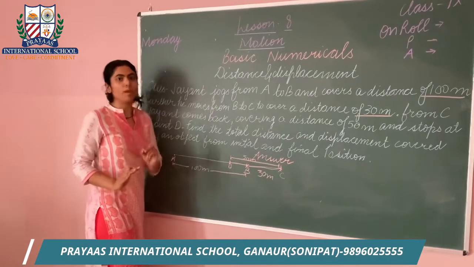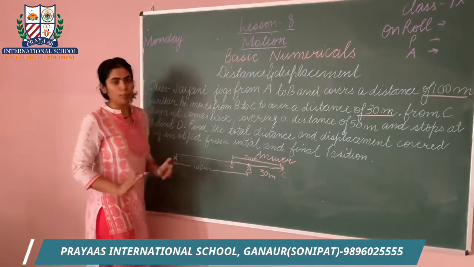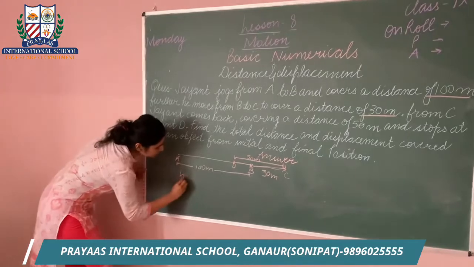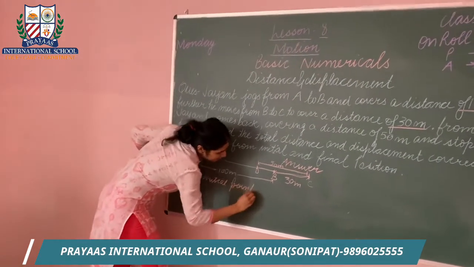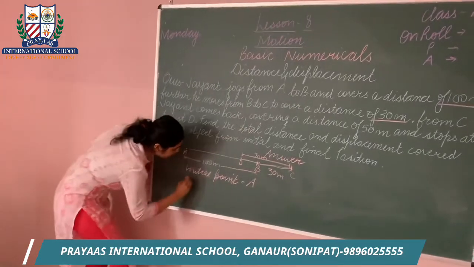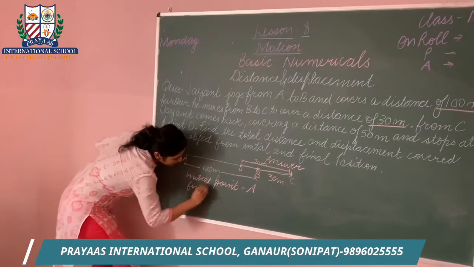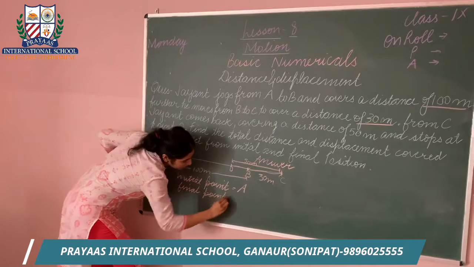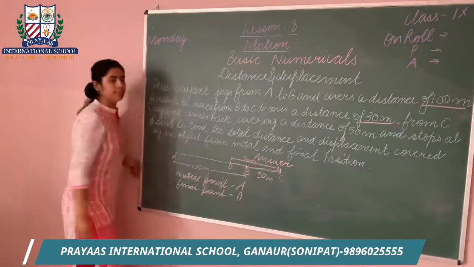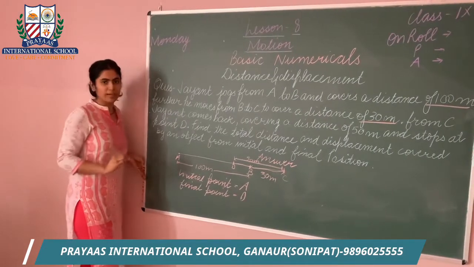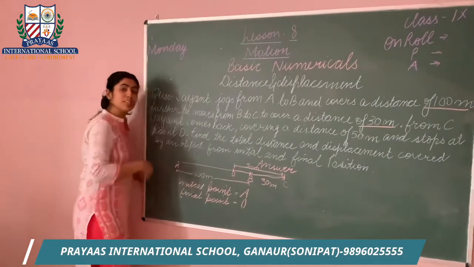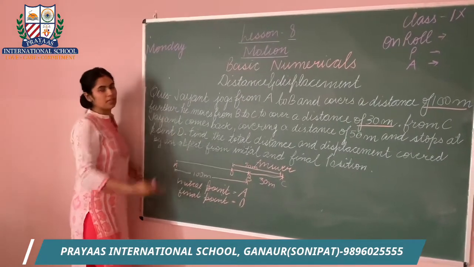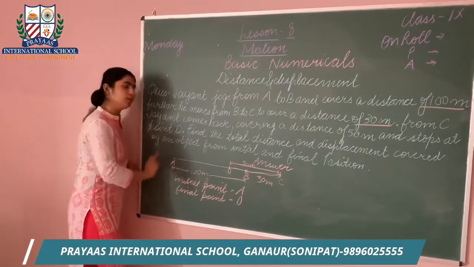The initial point is A. The final point is equal to D. So we need to calculate the distance first to reach from A to D. How much total distance did he cover to reach from point A to D?